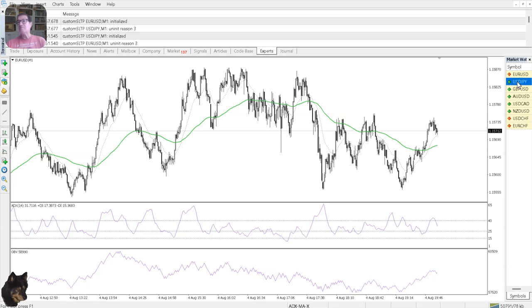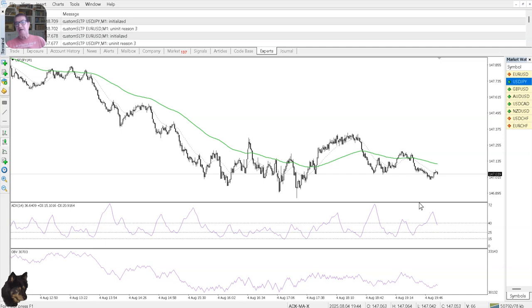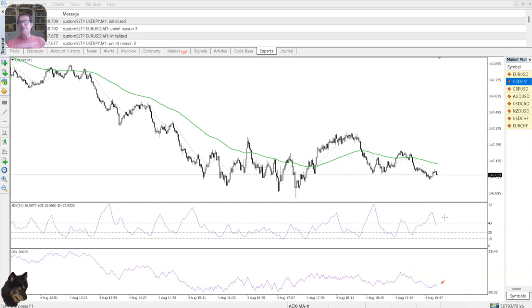So next pair in my market watch is USD JPY. And here we go again, same concept. The OBV is, let me draw arrows so you can see that. OBV is down, we're in seller's territory. The ADX is in the 25 to 40 zone, which is good. It's slightly pointing upwards.